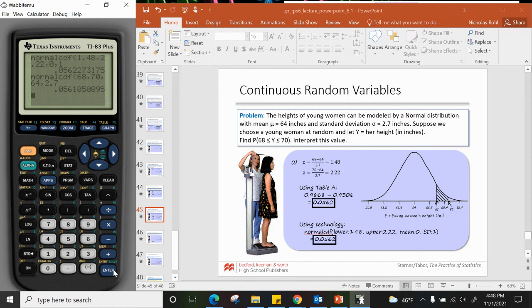Remember, if you do choose to use technology instead of Table A, you have to write this out: lower bound 1.48, upper bound 2.22, mean is 0, standard deviation is 1. You have to write it out in order to get full credit. Or you could write normal CDF, lower bound 68, comma upper bound 70, comma mean 64, comma standard deviation 2.7.